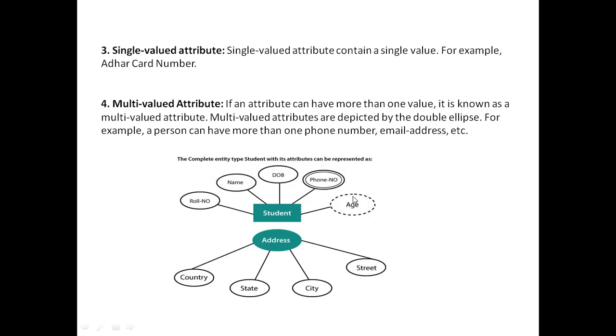It is derived from the date of birth of a particular person. Age cannot be stored directly; it is derived from the date of birth. And phone number is a multi-valued attribute, denoted by a double ellipse. And address is a composite attribute, which again has different attributes.